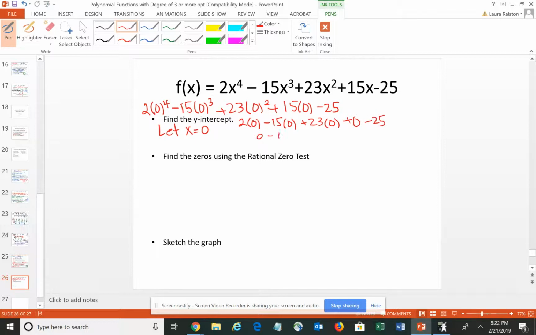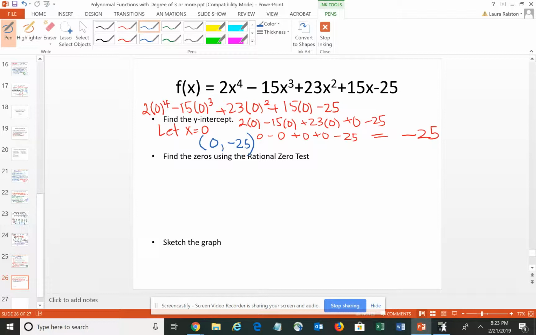So I have 0 minus 0 plus 0 plus 0 minus 25. So ultimately, my y-intercept is going to be negative 25. So as an ordered pair, I would have 0, negative 25 as my y-intercept.